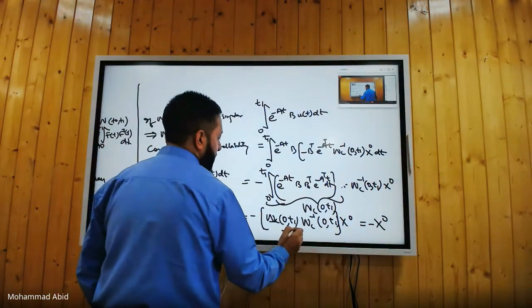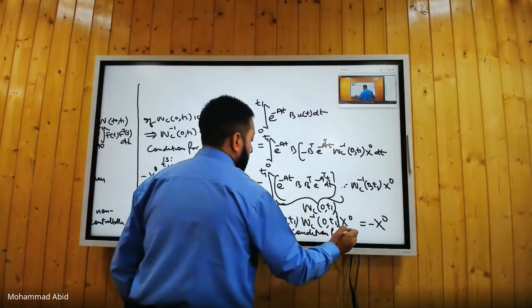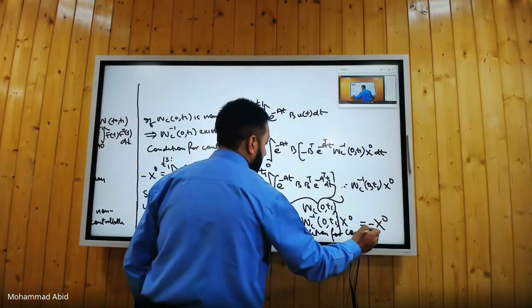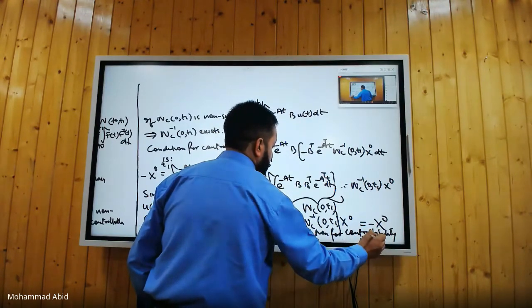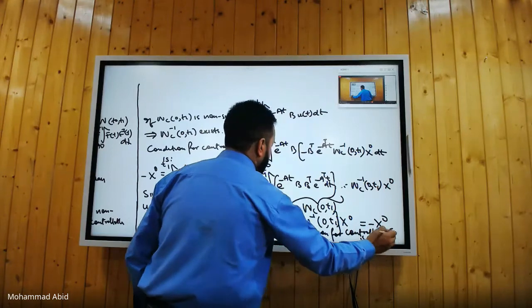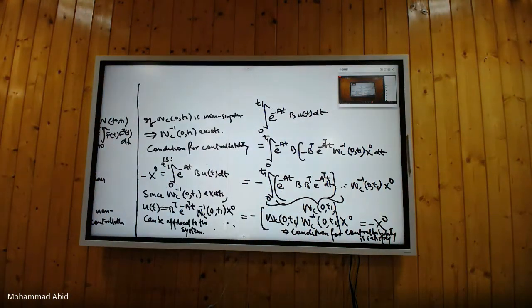The condition for controllability is satisfied, implying that the system is controllable. That means if the controllability Gramian is non-singular, then the system is controllable. The proof is a bit hard. If you have any problem, I can repeat it.